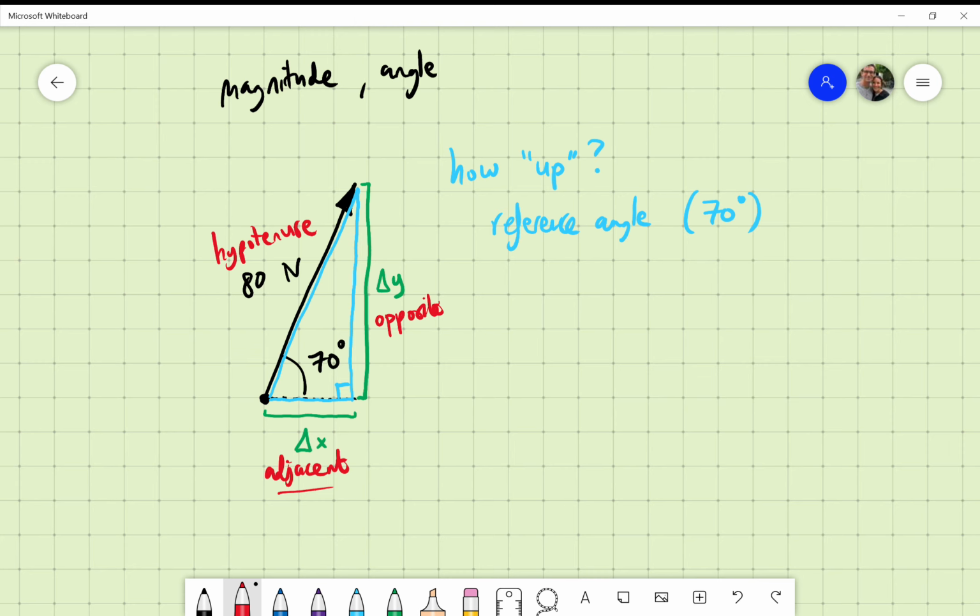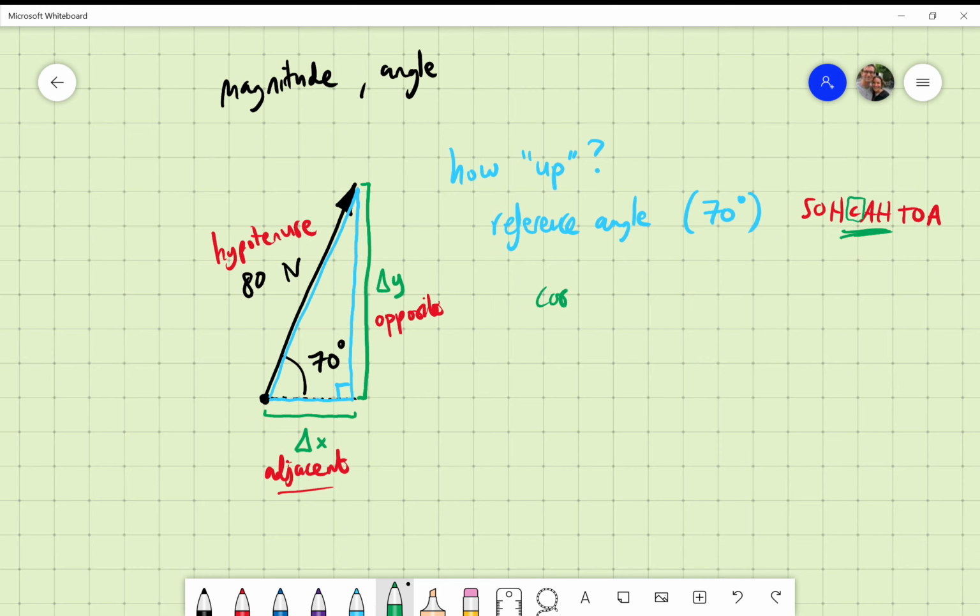So if I'm dealing with the adjacent and the hypotenuse, because I know the hypotenuse already, the A and the H are right here, okay? That's the only one of these three out of SOHCAHTOA which has the A and the H together. So that is going to drive me towards using cosine.